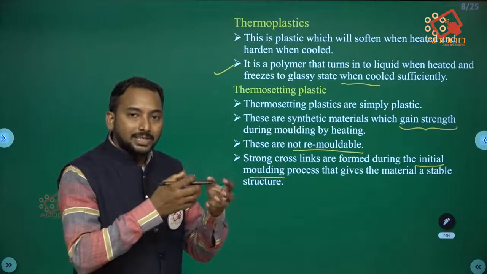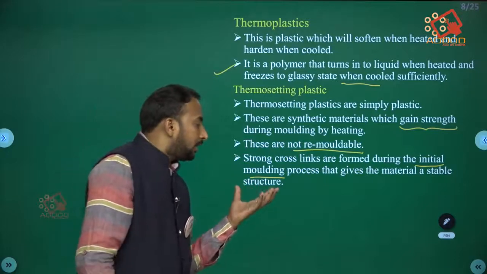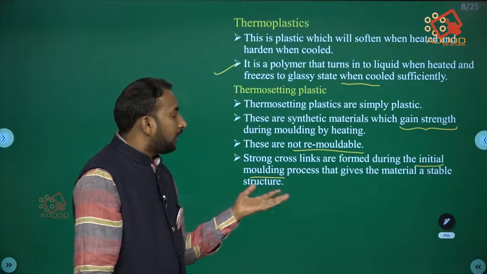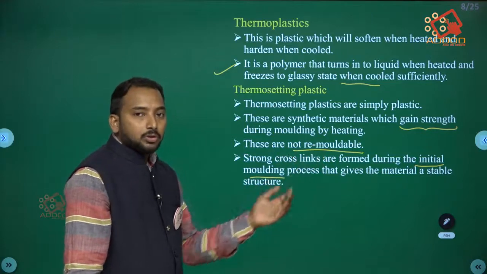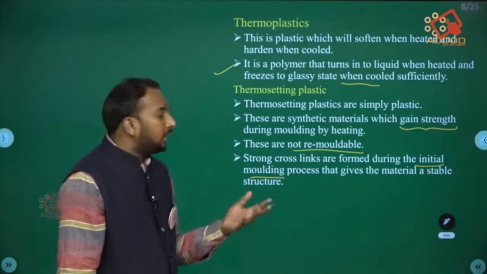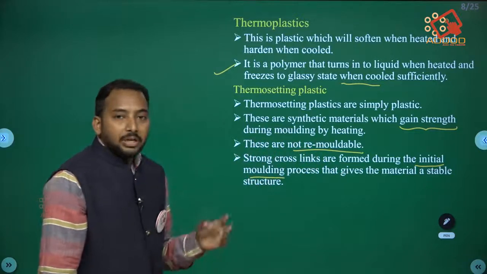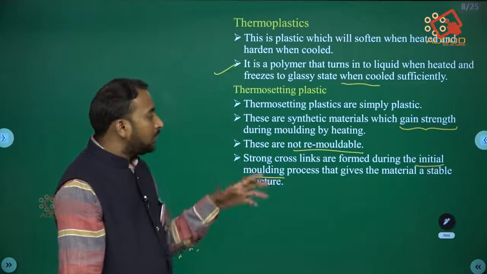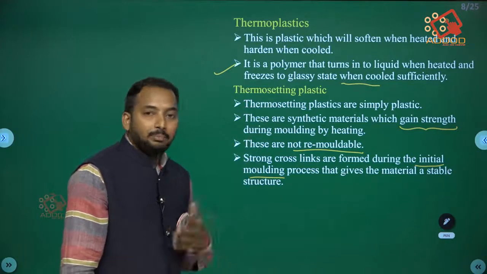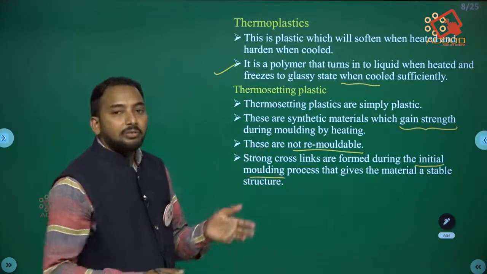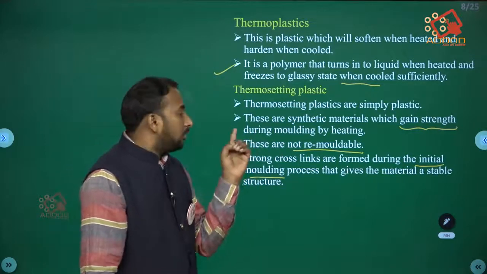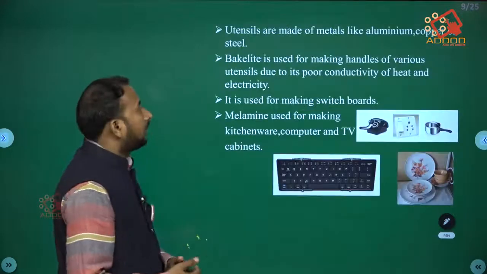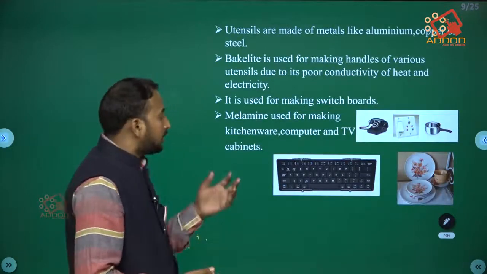Upon the first initial heat, it converts into a stable structure and we cannot remold it. Even if we keep on heating, the material cannot be remolded, so that is called thermosetting plastic. It is a synthetic material which gains strength during molding or heating. And next, already we have seen the examples.